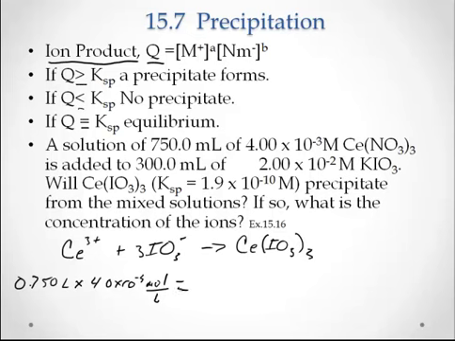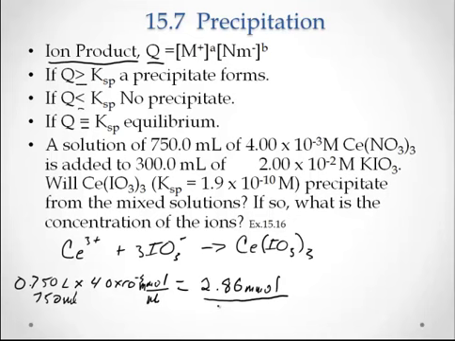I'm looking at my notes: 750 milliliters times millimoles per milliliter. I'm sorry about that, we should keep it in milliliters. So this gives me 2.86 millimoles. But again, it's all about concentration.